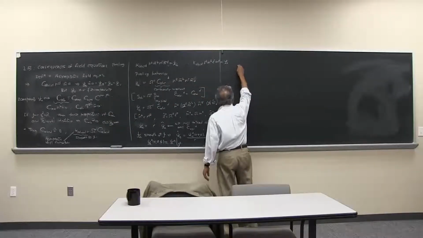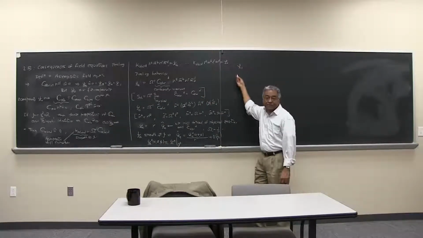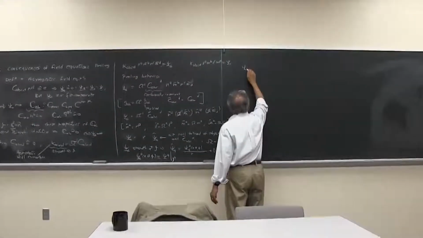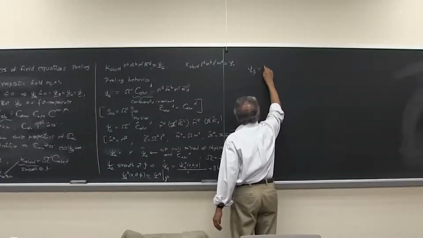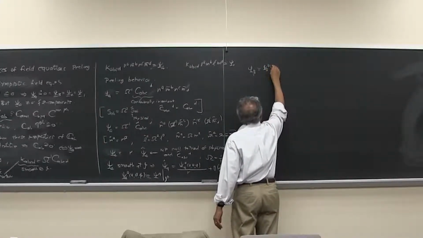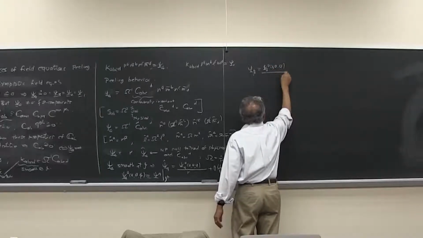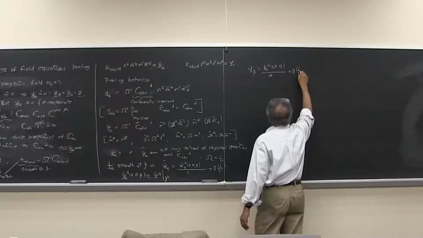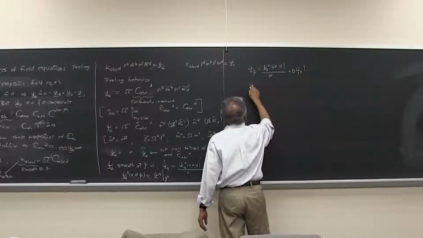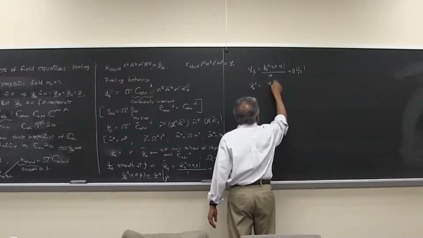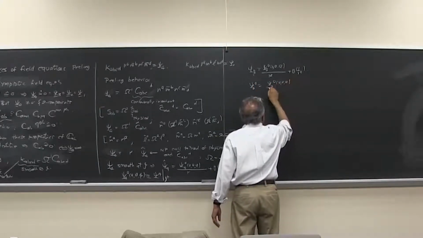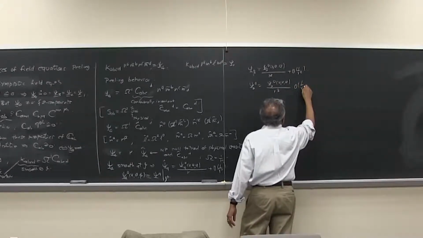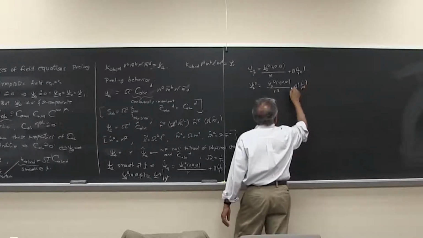And then you can similarly show, just by writing down the definition of the various Newman-Penrose scalars, that psi 3 behaves like psi 3 naught of u theta phi upon r squared plus terms of order 1 upon r cube. Psi 2 behaves like psi 2 naught of u theta phi upon r cube, plus terms of order 1 upon r to the 4.